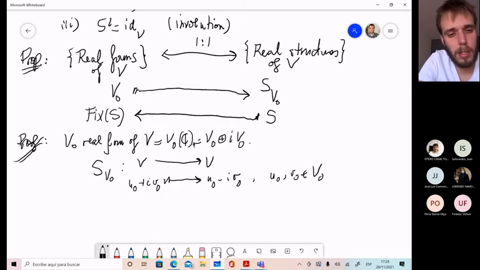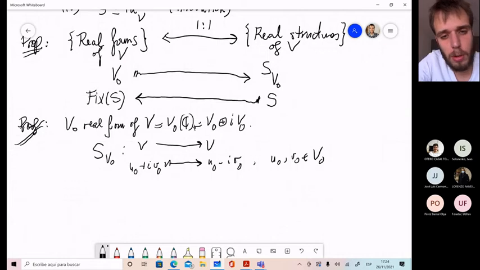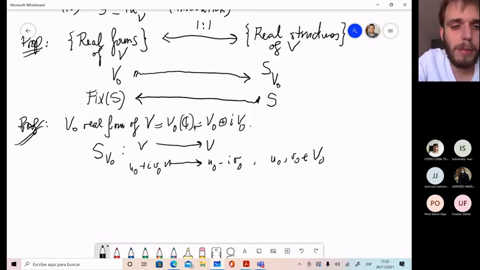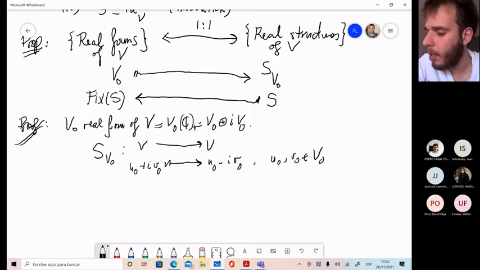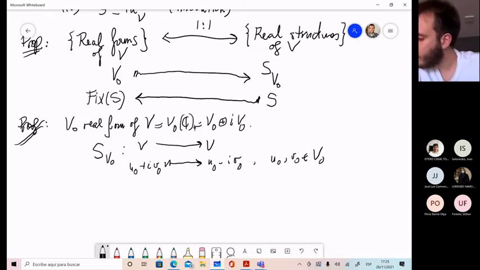Okay, this is really important because it's easy to make this mistake that I was mentioning at the beginning, that the complex conjugation is somehow canonically defined in a complex vector space. But no, you always need to specify a real form in order to have a good definition of a real structure.